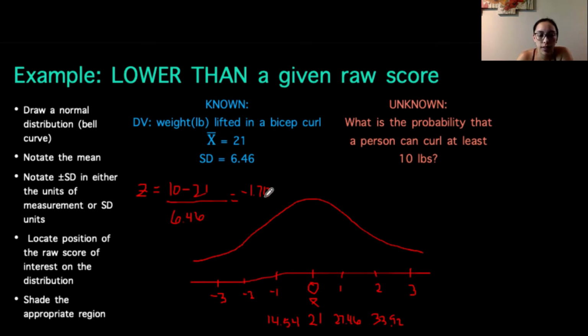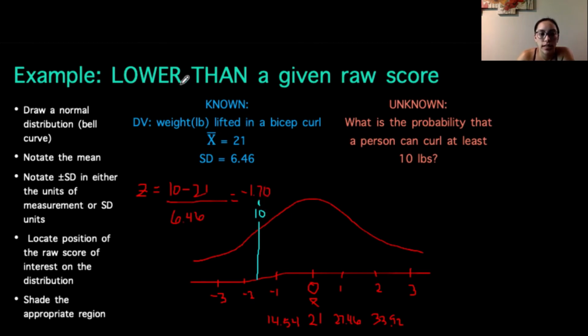So negative 1.7 is going to be between negative 1 and negative 2 standard deviations. Let's say it exists in a cyan color, and it exists here. So this is where 10 pounds would exist, or negative 1.7 z-scores.